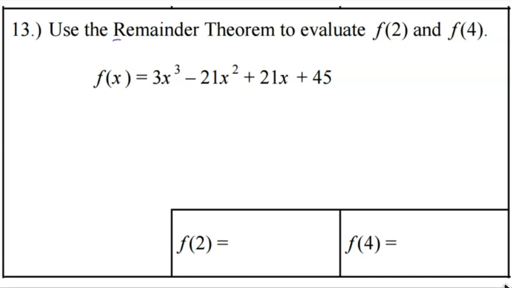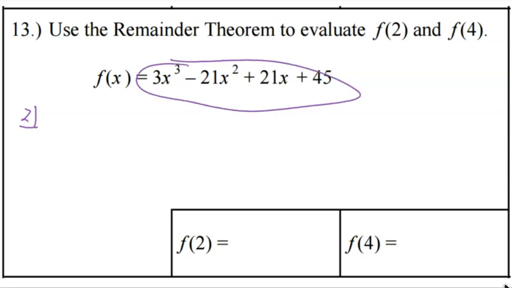To use the remainder theorem, we typically use synthetic division. And what we'll do is we're going to take the number that we're evaluating, 2, and we're going to put that number in a half box. Then we're going to take our polynomial that we're plugging the 2 into, and we're going to write the numbers out right here. So we need a 3, a negative 21, a 21, and a 45.